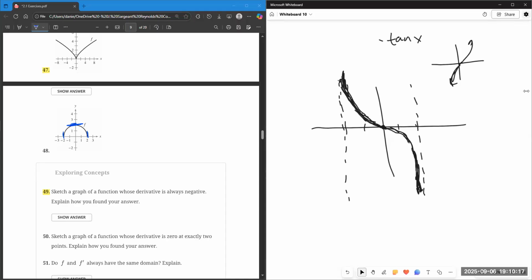So there you go. That looks right to me.